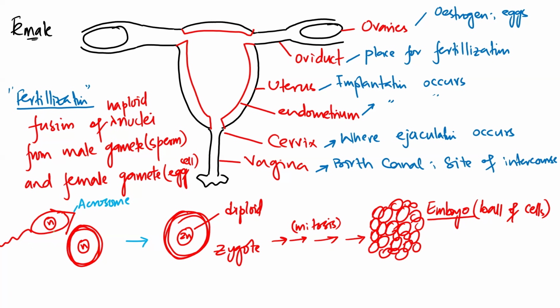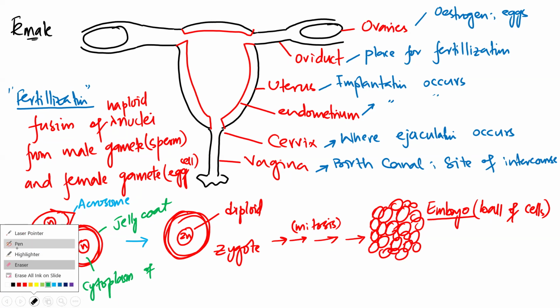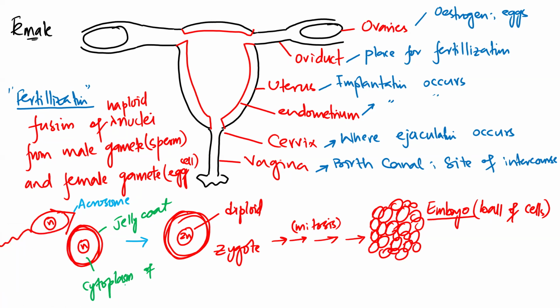I want you to understand that this is sperm, this is egg with jelly coat. Egg has jelly coat and also the cytoplasm of egg is very special. The cytoplasm of the egg is rich in what?